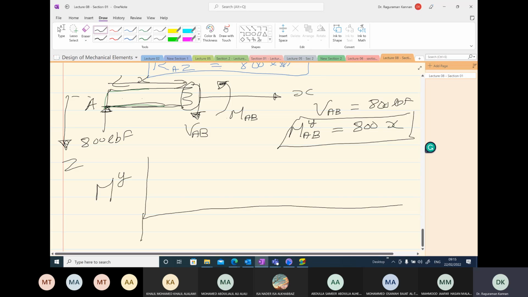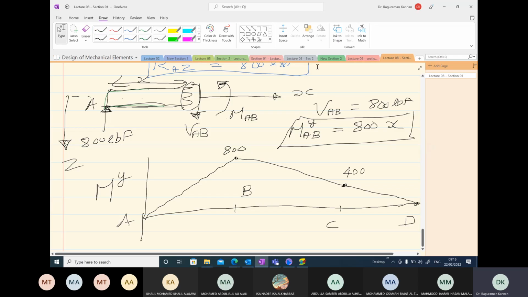Along the length, we have A, B, C, and D. How does the bending moment vary? It reaches a maximum value of 800, then it goes to 0 at point D.